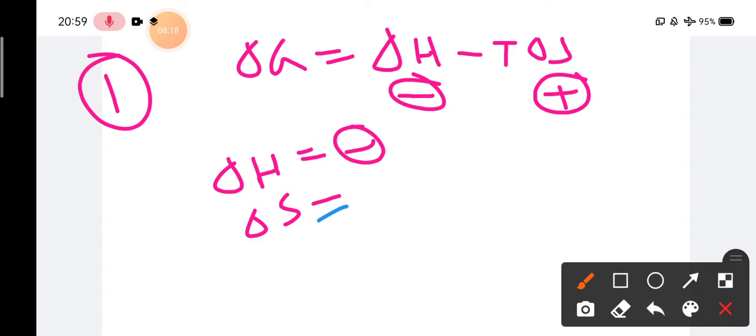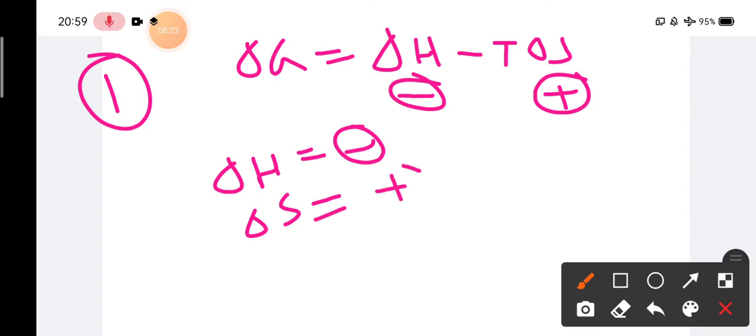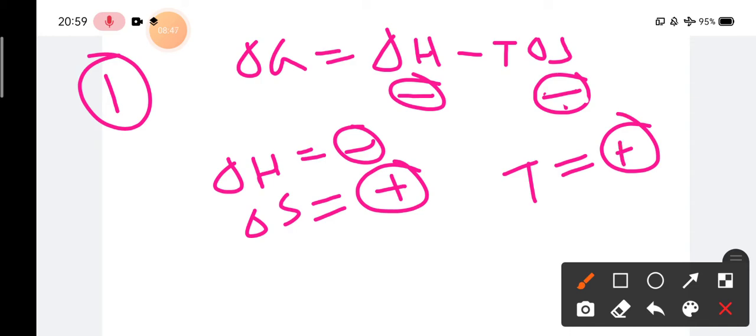Now let's suppose del H is negative and del S is also negative. In that case, del H is negative, but T del S will be negative because del S is negative. T is always positive, because temperature cannot be negative.